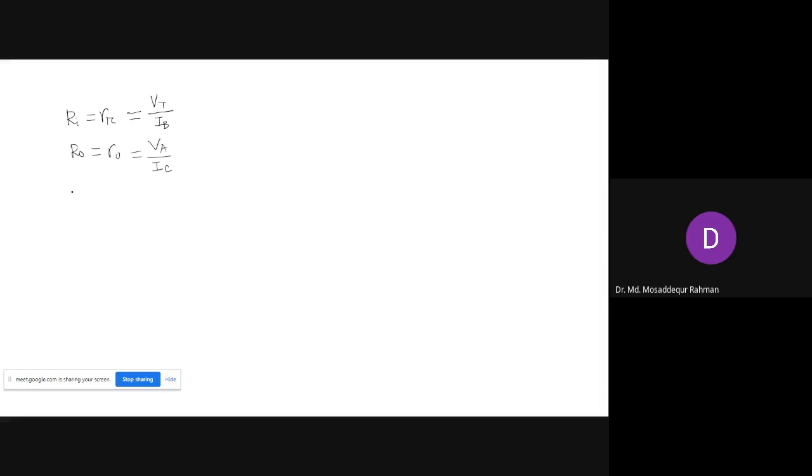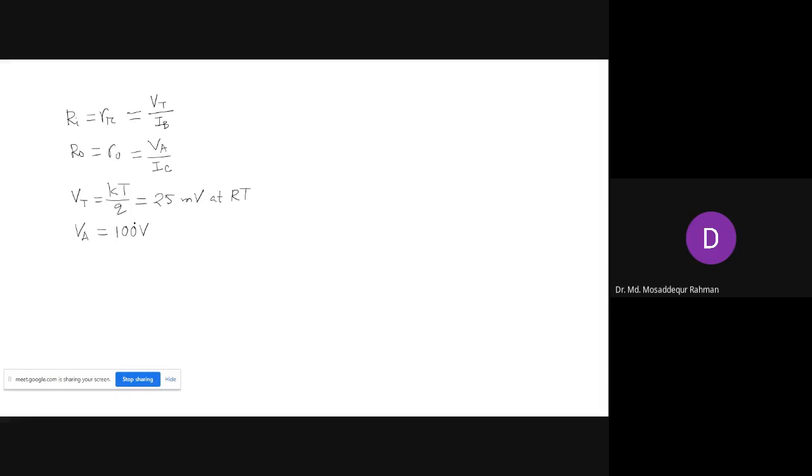Vt is known as the thermal voltage, which is given as kT by q. Usually we take about 25 millivolt at room temperature. And Va is a constant that varies from transistor to transistor. Different transistors can have different values for Va, but it is constant for a particular transistor. So let's assume that Va is 100 volt for our example.